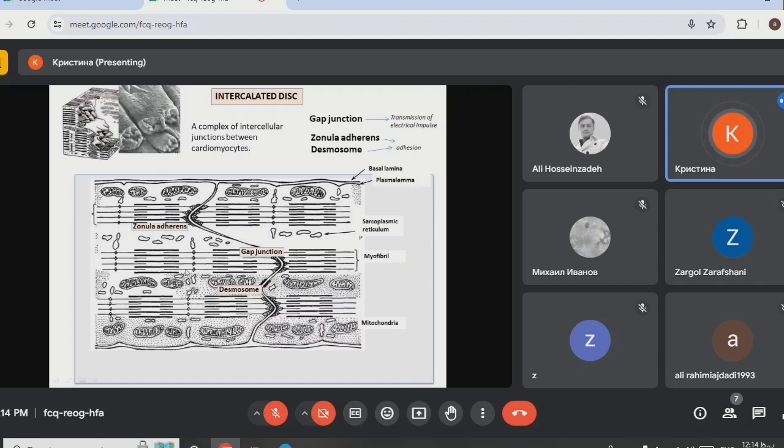Between myofibrils, in the area where we have some other organelles, such as smooth endoplasmic reticulum and mitochondria, in this area we will have desmosomes. It includes intermediate filaments in its structure, which go also along the cardiomyocytes between the myofibrils and serve for maintaining of the inner shape.